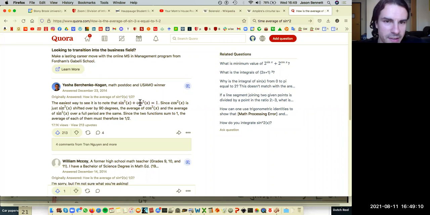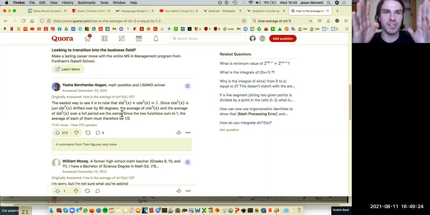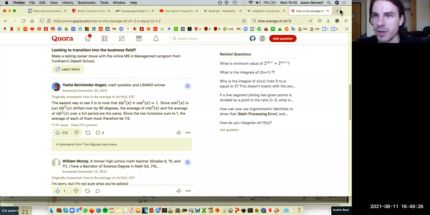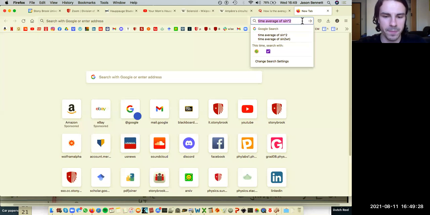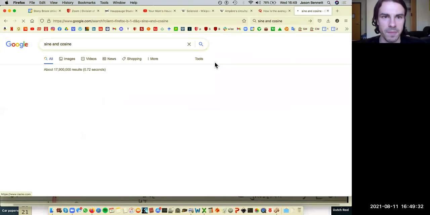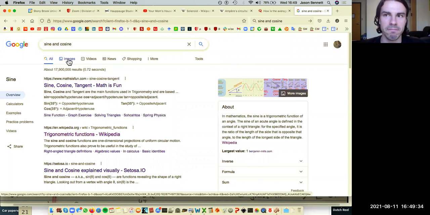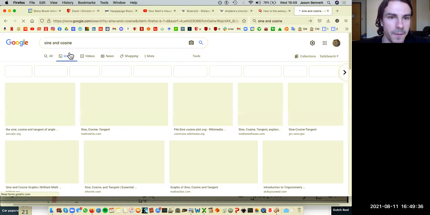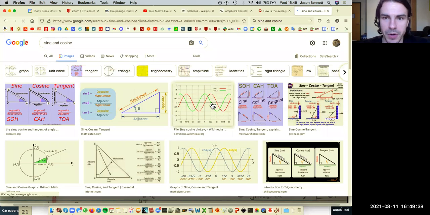So because both of those things are just shifted by 90 degrees, the average of both over the exact same full period must be the same, because if you look up sine and cosine, they cover the exact same area over a full period.